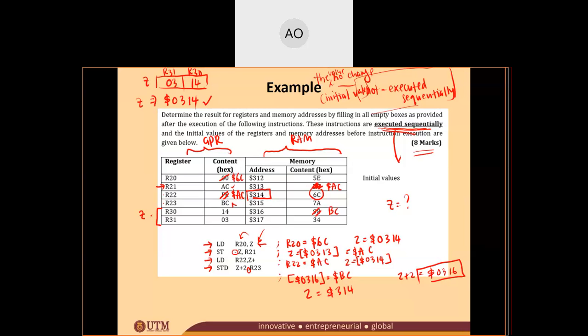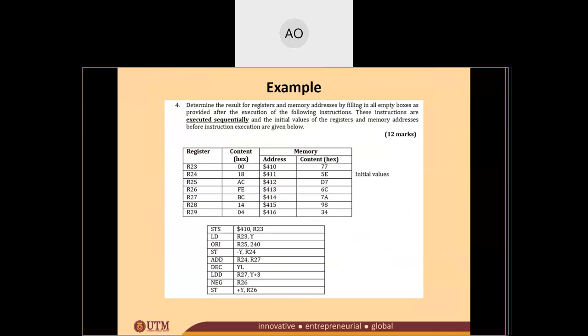Okay, any question? If no question, then I need you to do this individual assignment. Make it as your individual assignment. So later at the end, you need to fill in this table again.